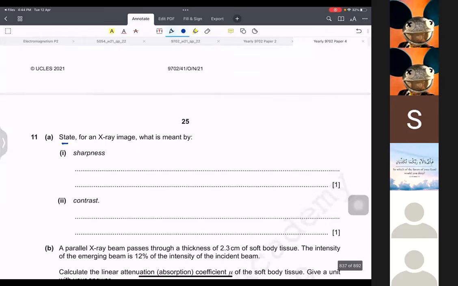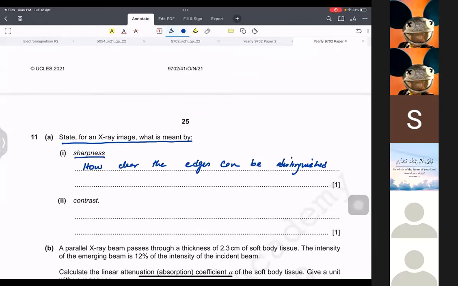Okay, then state the X-ray image. What is meant by sharpness? Sharpness is basically how clearly the edges can be distinguished. I hope that is the spelling.